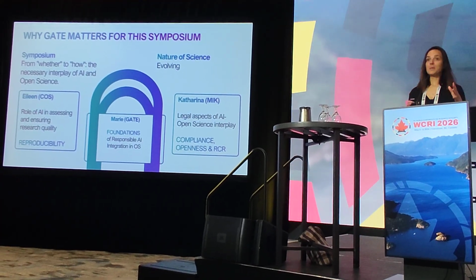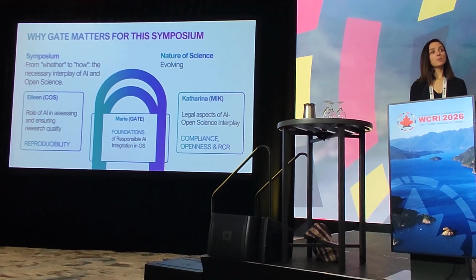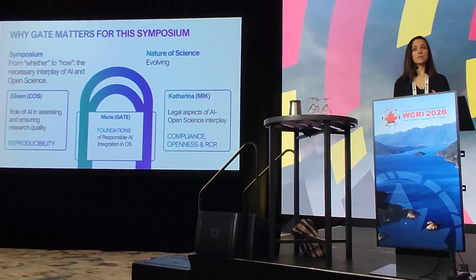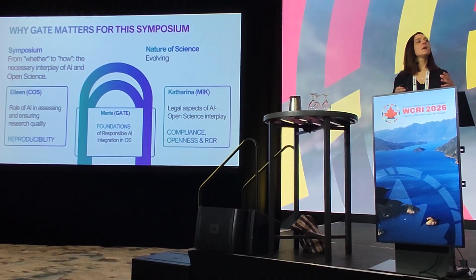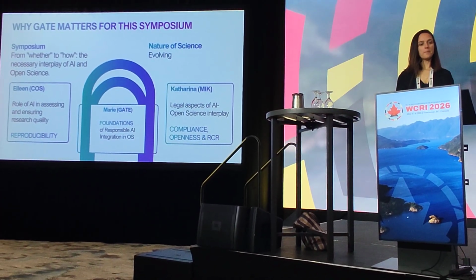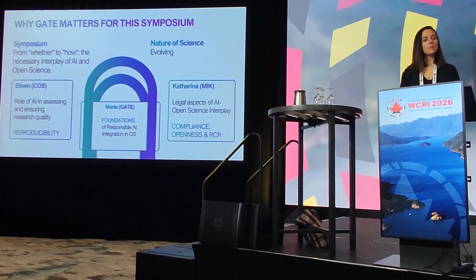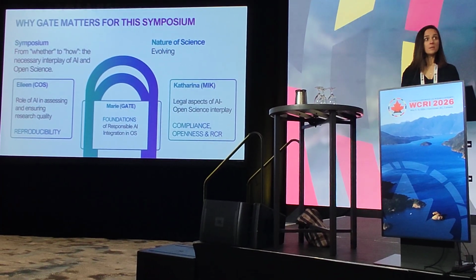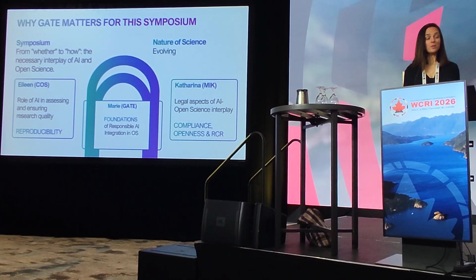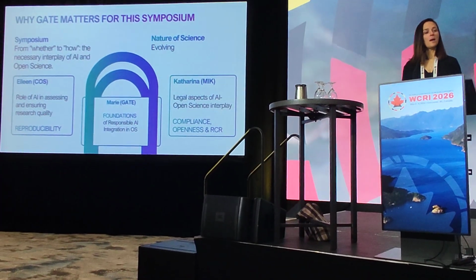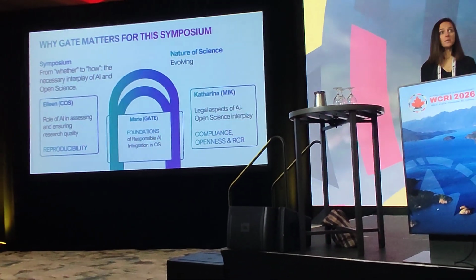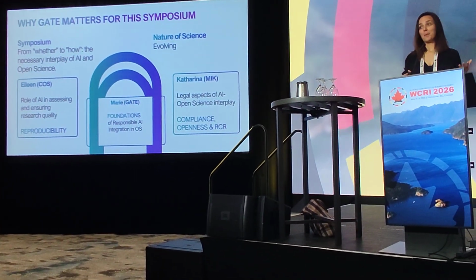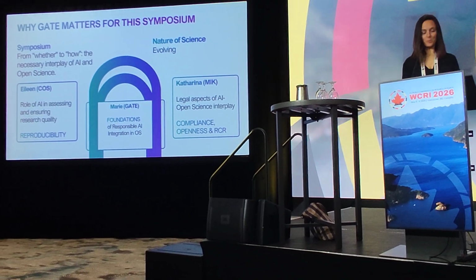And Gate, in the middle, sheds light on what the fundamentals of open science are at the intersection with AI. What are our demands when we are doing research in times of AI? What are the guiding thoughts that we have to have covered in our research processes?